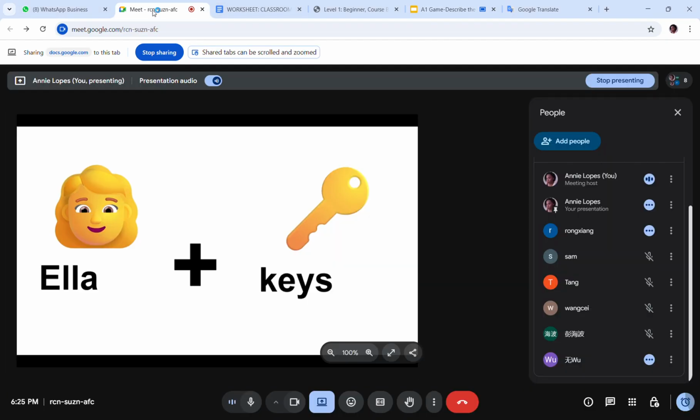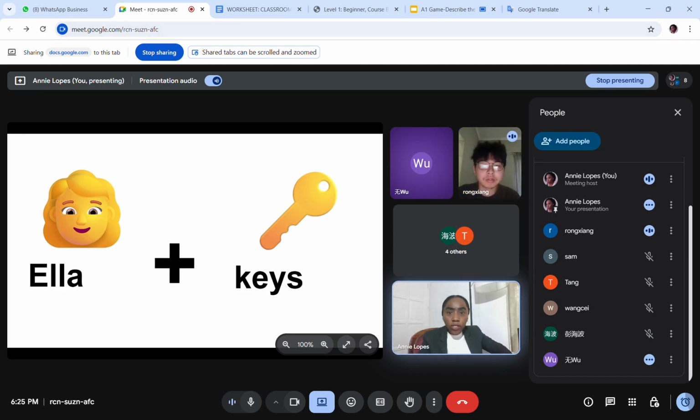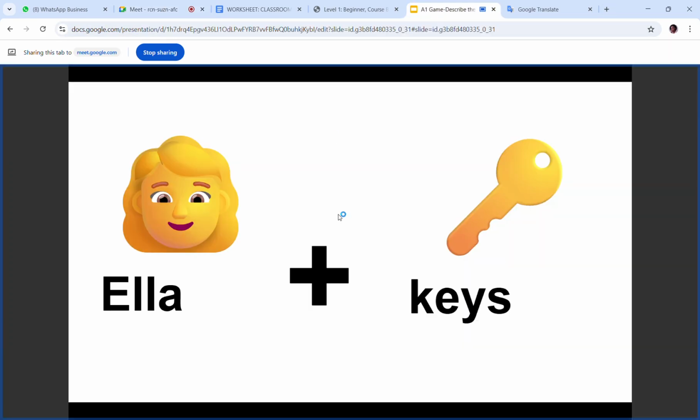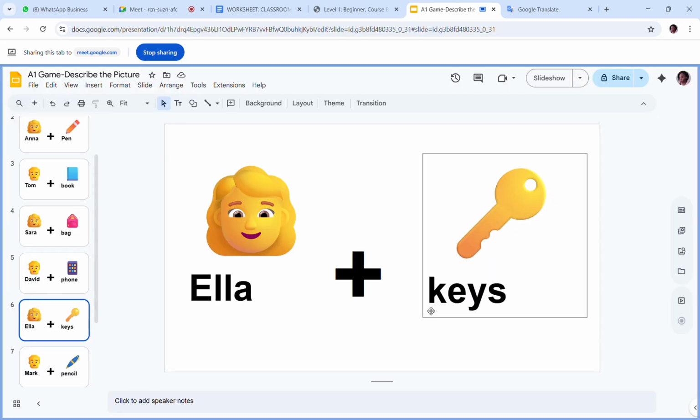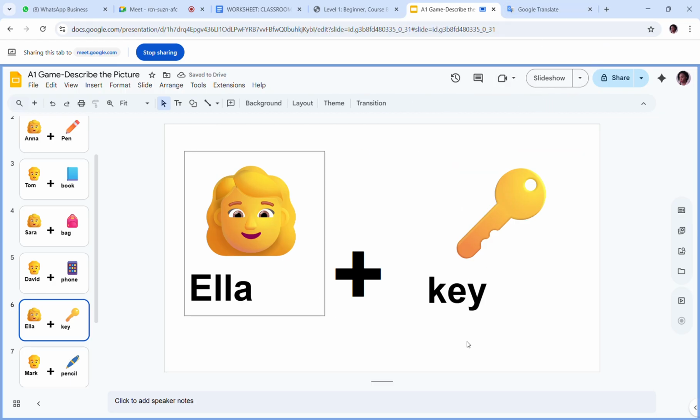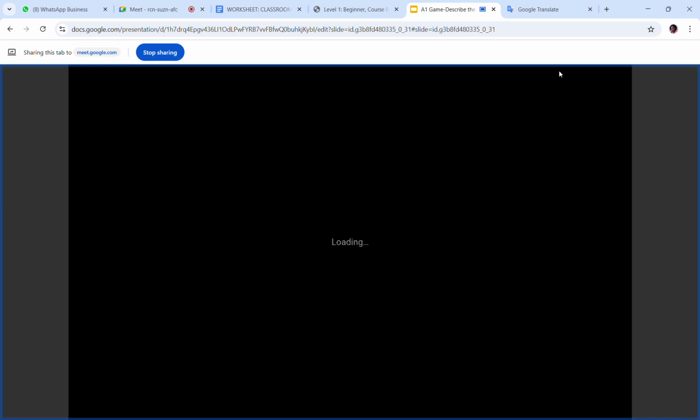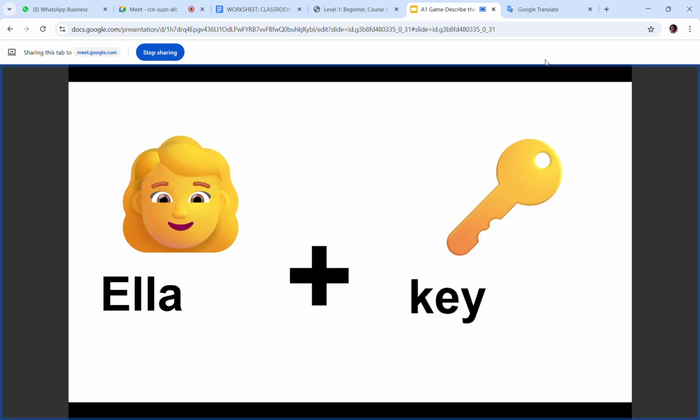What we can do here is, let me just correct this quickly. If it's one key, you say this is a key, right? So this is Ella. This is a key.